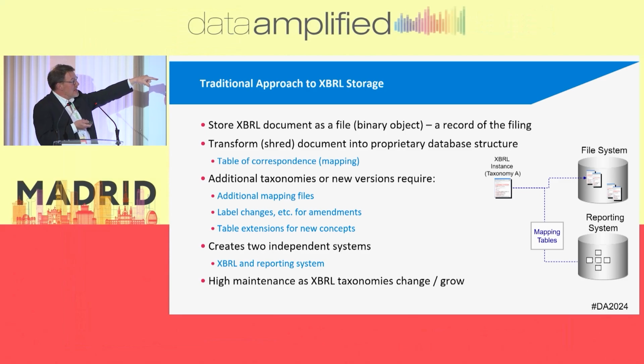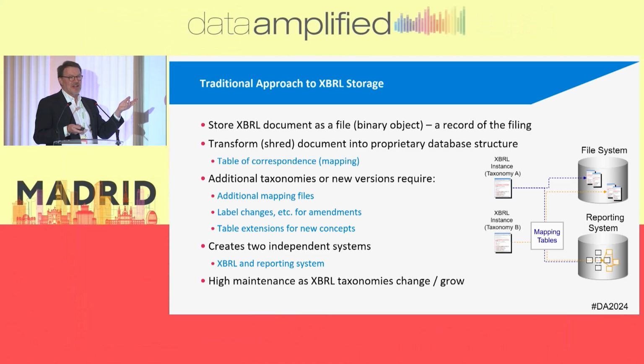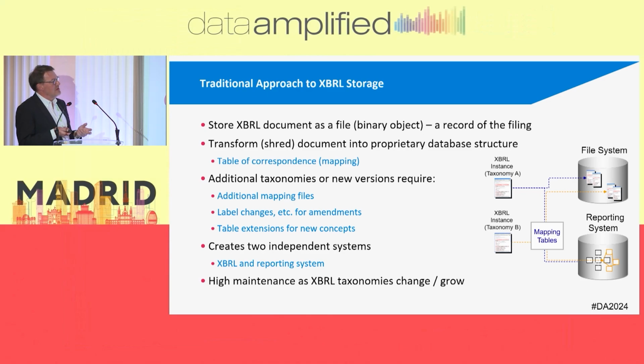We create a mapping table to shred the data into some sort of star schema or something else. Easy. The problem comes with next year's, when the model changes. And suddenly we have a new taxonomy, and we change labels, and we deprecate values, and we have to play around with the model, and suddenly it becomes an issue.